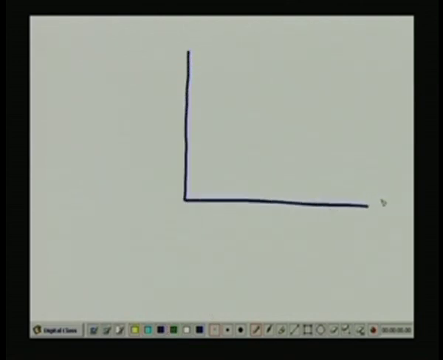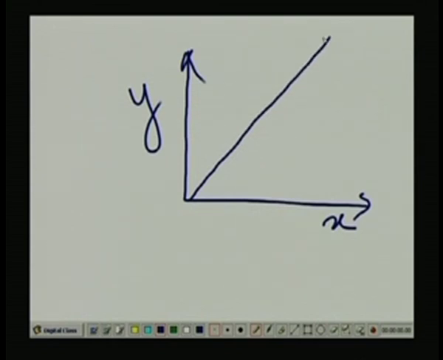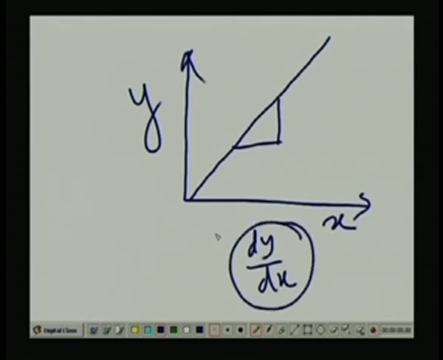Suppose I have this characteristic calibration curve, this is x, this is y, and I have a linear relation like this one. So, the slope of this calibration curve, that is del y by del x, will give you the static sensitivity, and since it is linear, it is the same anywhere.